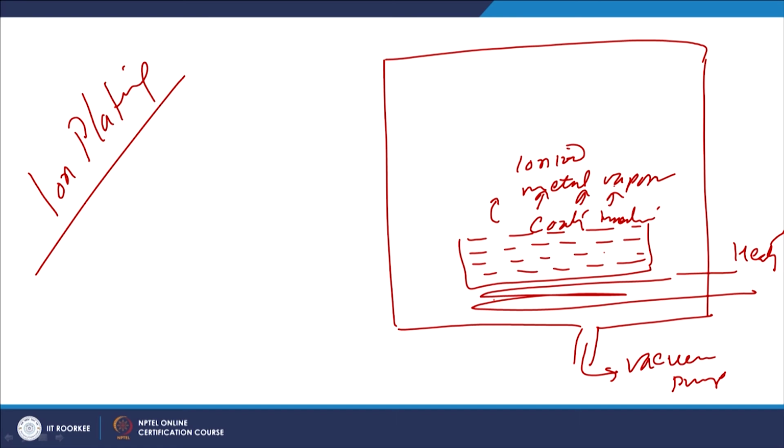So, ionized metal vapors are used, and these ionized metal vapors will be directed towards the surface of the substrate, where they will get deposited.